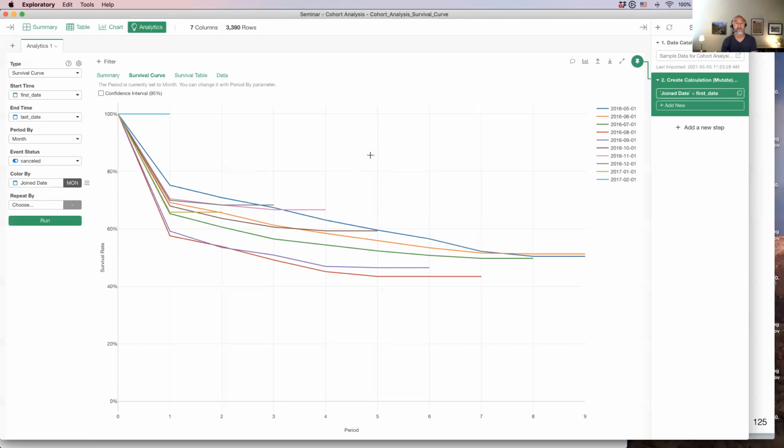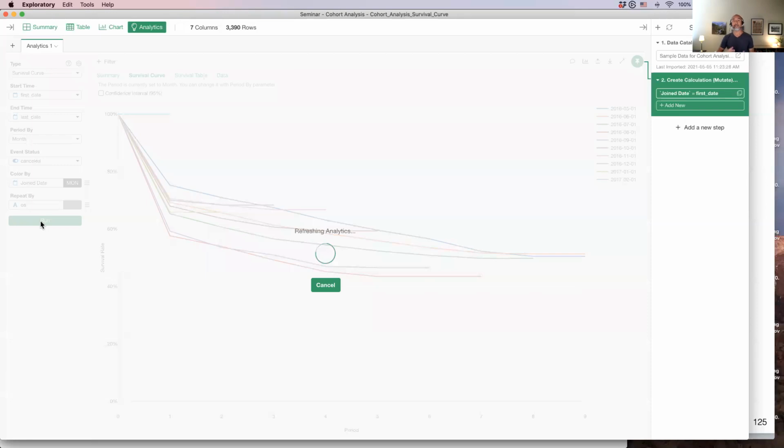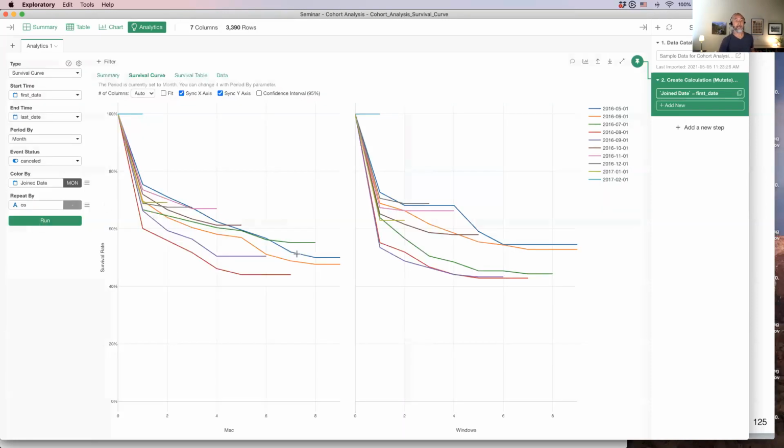Okay, so that's that. And then, for example, you can use a repeat by. And then we can say, for example, between the operating systems, if there's any difference, for example, Windows and Mac, let's say the left-hand side is Mac customers and the right-hand side is Windows customers. It can be PC and mobile or any segment, maybe the financial industry and the pharmaceutical industry, any group.